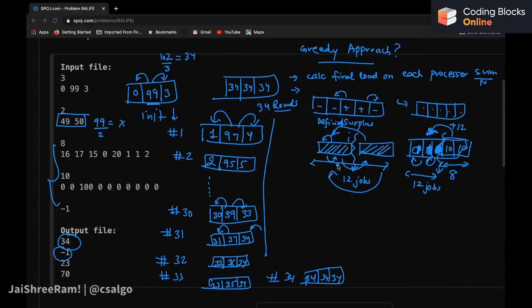Suppose there is a transfer of 12 jobs, and internally there is a transfer of 6 jobs. These two operations can happen in parallel, because processors can work in parallel.